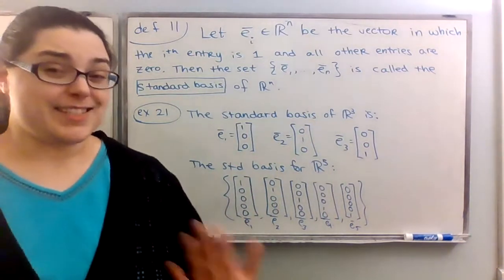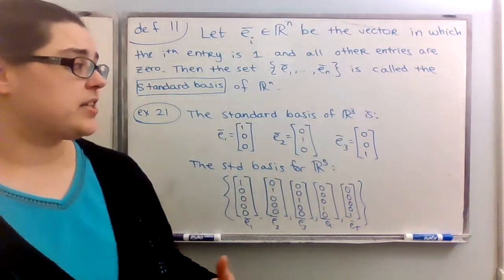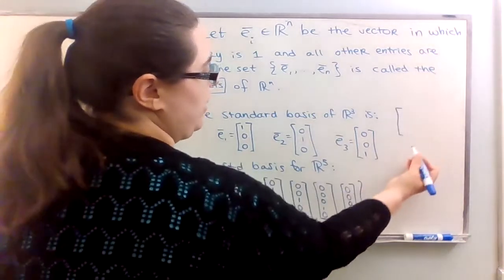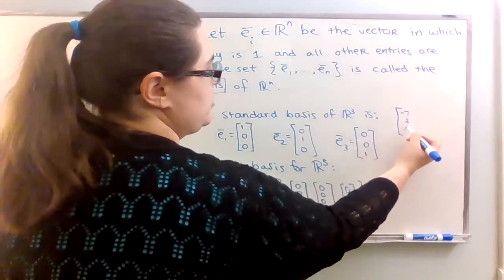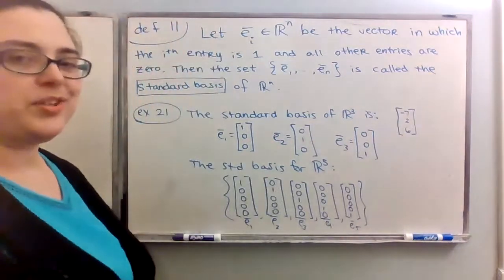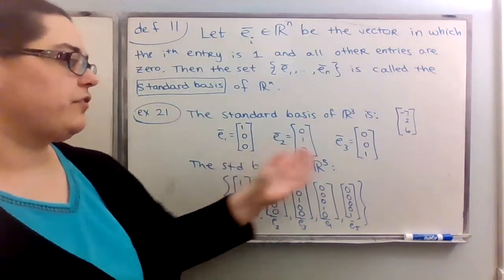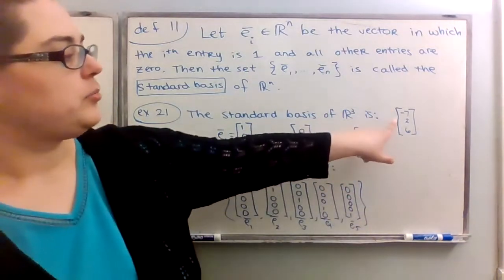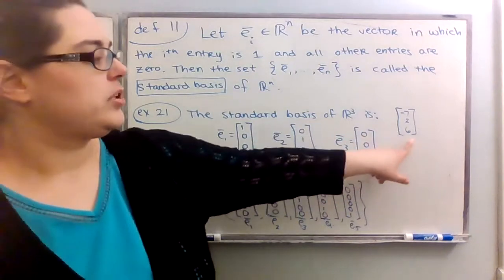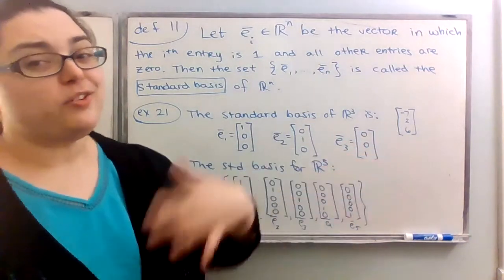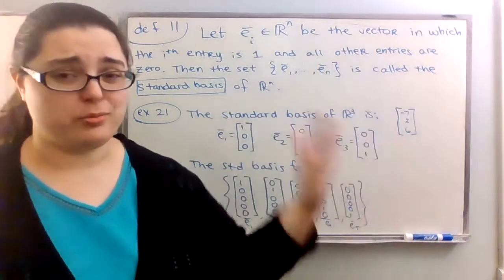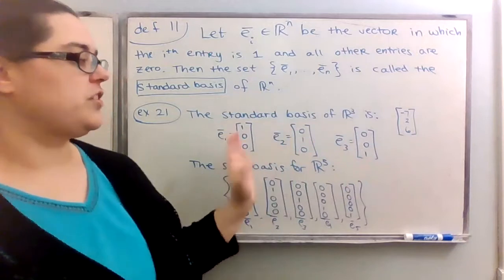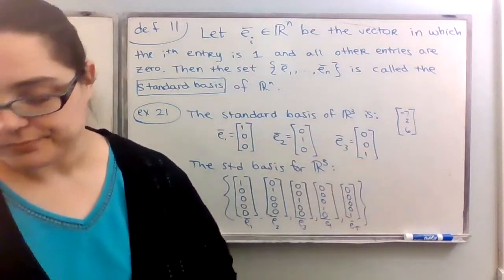And this makes a really easy basis for R^n because, for instance, if I have the vector, let's use R^3 as the example, -7, 2, 6, it's really easy to write it as a linear combination of the standard basis elements. It's going to be -7 times e_1 plus 2 times e_2 plus 6 times e_3. So we don't have to really do all that alpha, beta, delta business, because this is an easy basis for us to use because it's just defining one coordinate at a time.